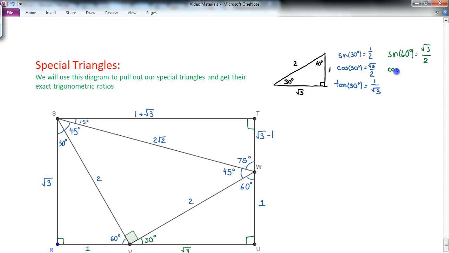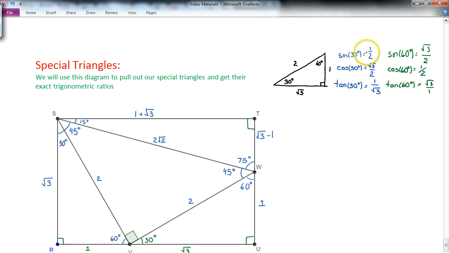Cos of 60 degrees is equal to 1/2, and tan of 60 degrees is equal to root 3/1, which is often just written as root 3. So whenever you're working through a problem that involves some trigonometry, and specifically sine, cos, or tan of 30 degrees or 60 degrees, you want to use these exact values, not the approximate values that you get in some cases.